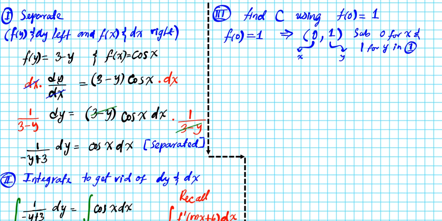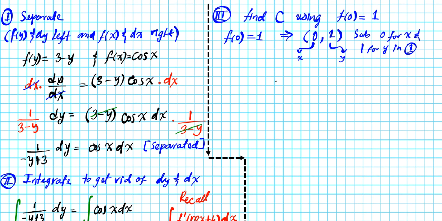Let's go ahead and carry out the substitution. If we do that, we'll have negative natural logarithm of the absolute value of negative 1 plus 3, substituting 1 for y, equals sine of 0 plus c.